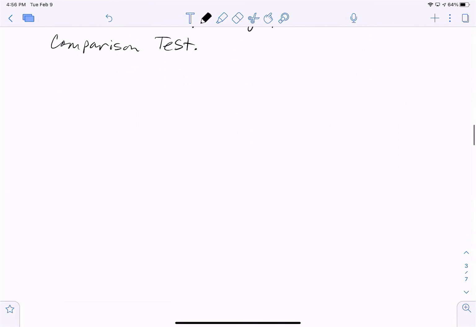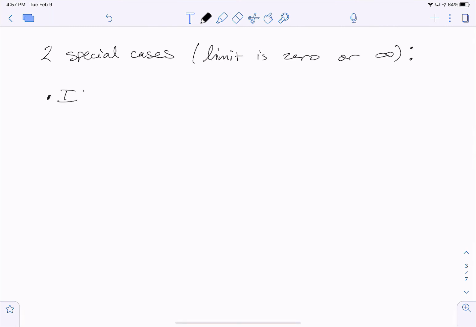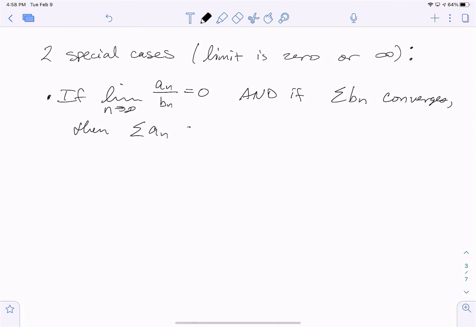Now I need to tell you about two special cases. These are cases in which the limit is 0 or infinity for the limit comparison test. If we form our ratio and find that the limit as n approaches infinity of a sub n over b sub n is equal to 0, and if sigma b sub n converges, then sigma a sub n also converges.